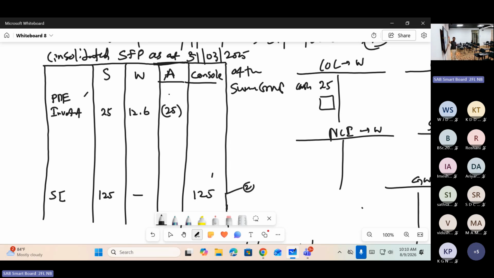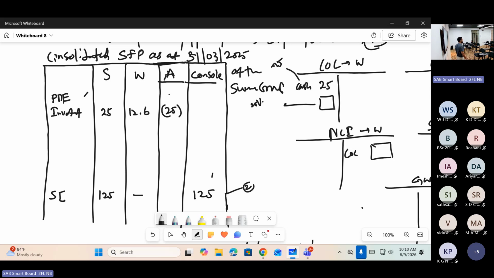Total consideration, you have, this is 475, right? This is 75, this is for 25. NCI, right? NCI debit here, credit here. Cost of control.